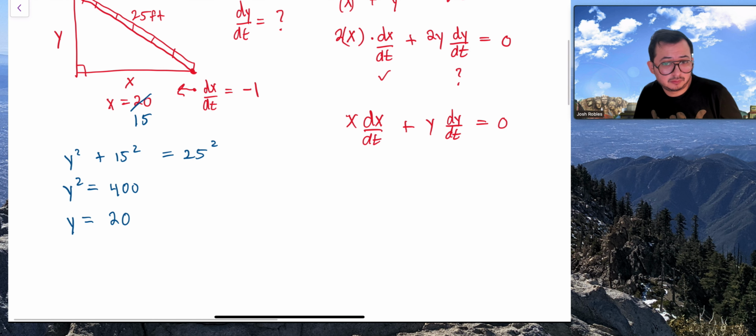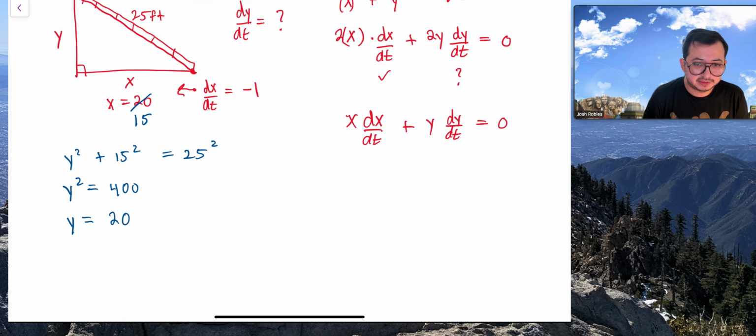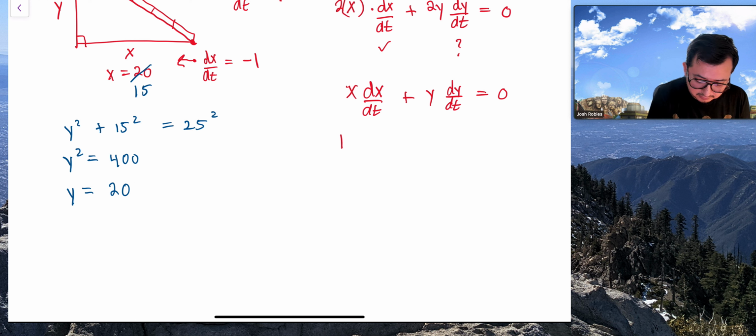Keeping in mind that it's the dy/dt we're expected to solve here. So x at the time when this is happening is 15. dx/dt throughout the problem is a constant -1. Also at the time we're trying to study. y at the time we're trying to study is 20, and dy/dt is the question.